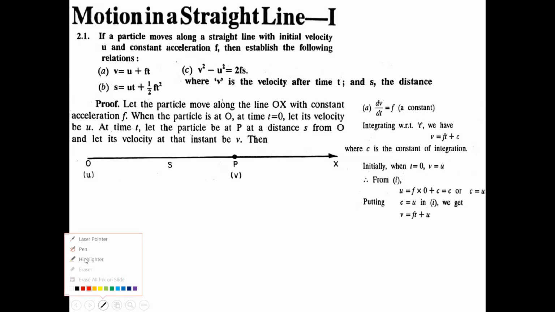We have cross multiplied, that dv is equal to f dt, using the variable separable technique. So dv, the integration will be v, and f dt, the integration will be ft, and the constant of integration plus c.